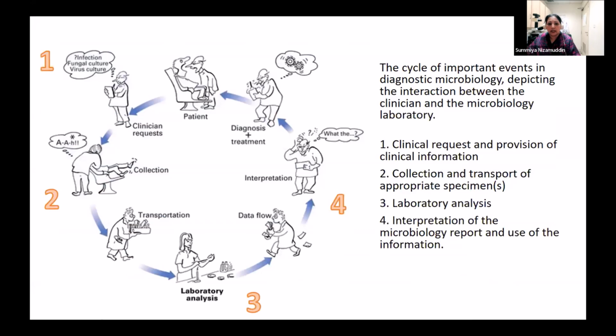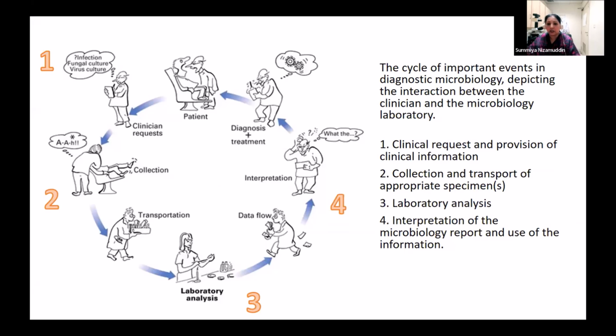So basically the cycle actually starts right at the point where the patient is being evaluated by the physician. Obviously they come up with some sort of diagnosis in their head, and perhaps they are suspecting some bugs in that infection, and that's how they decide on what tests are supposed to be sent off to the lab.